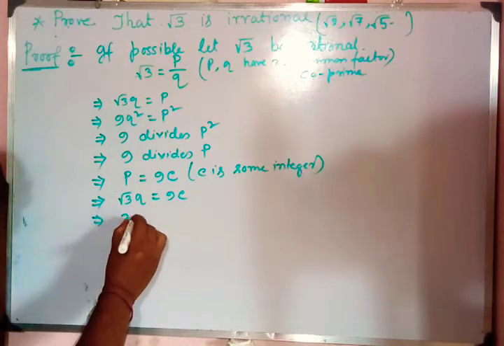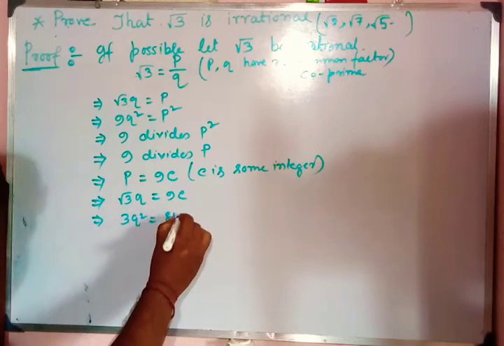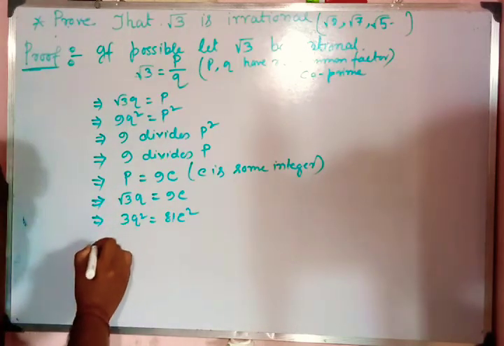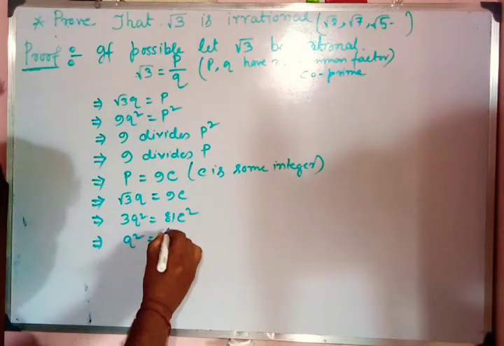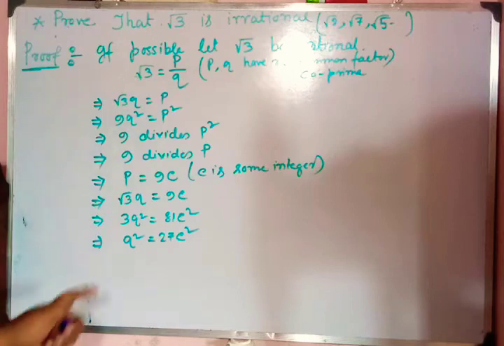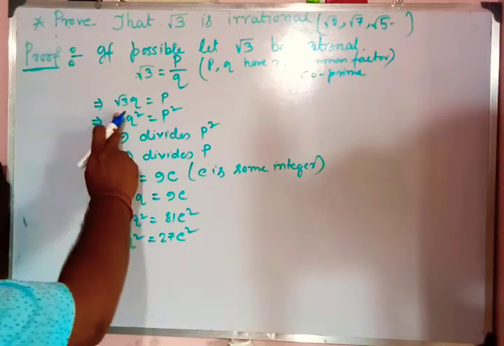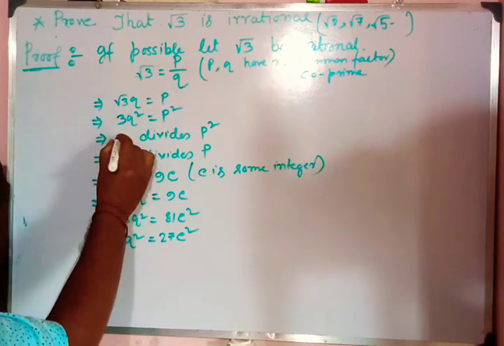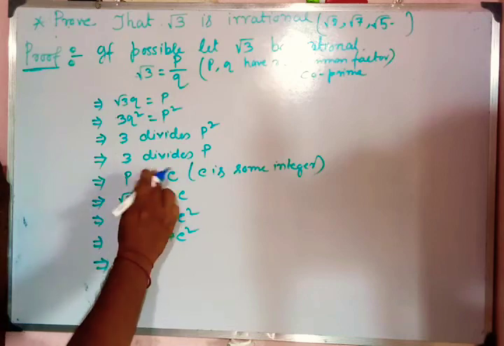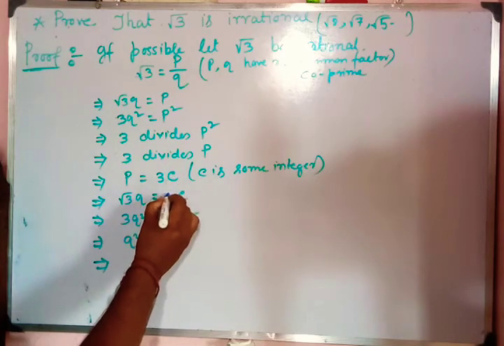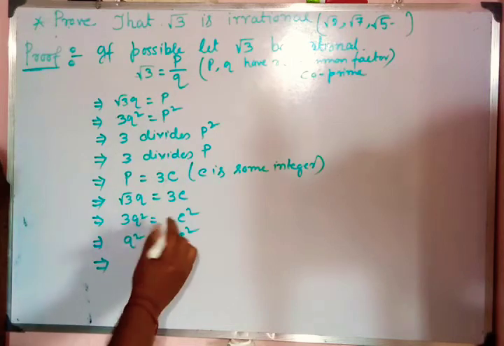That's implying 3Q square is equal to 9C square.